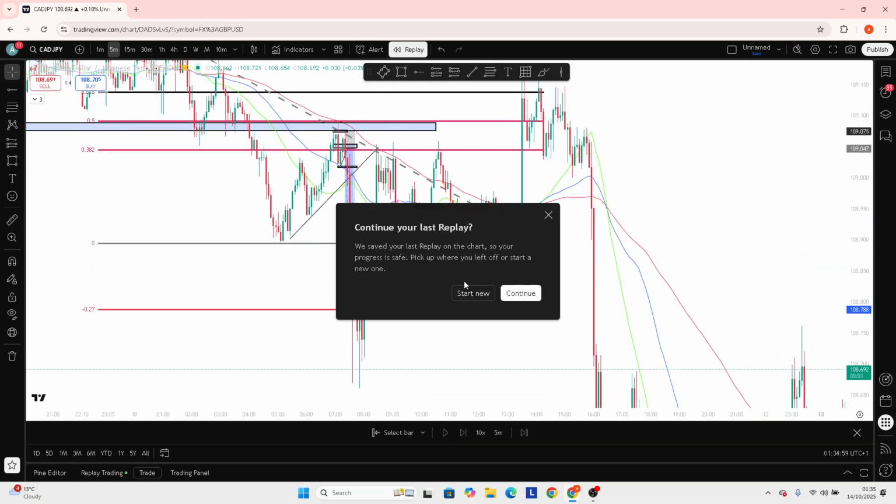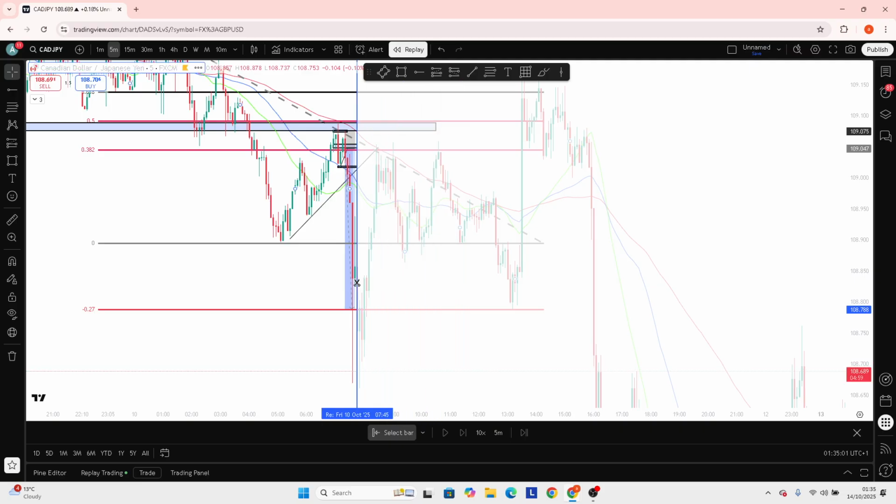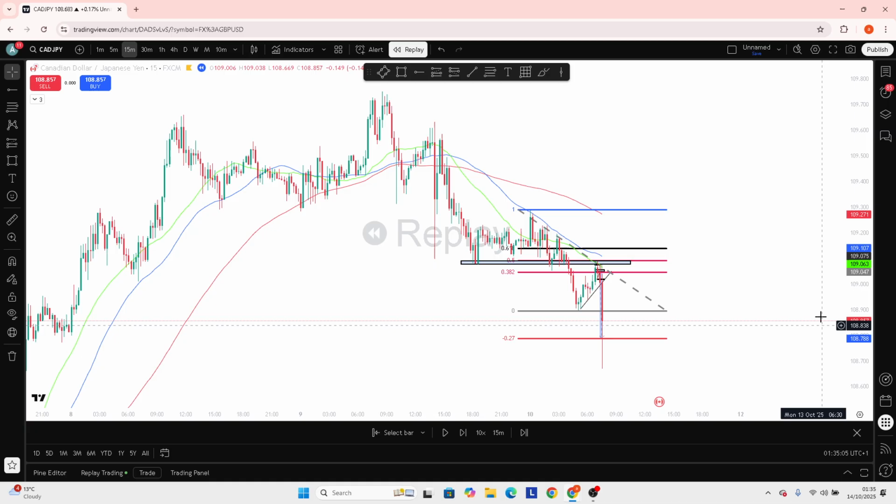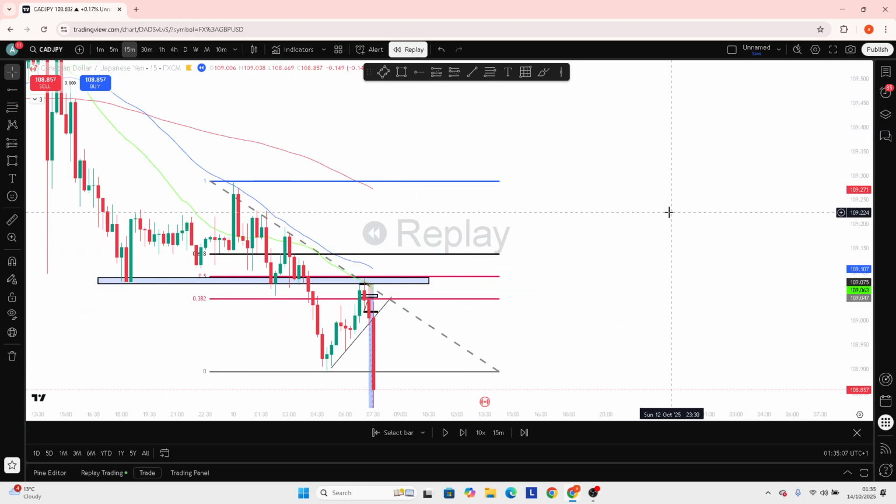CAD/JPY sell setup. Let's just go back a little bit. Hop on the 15-minute time frame. Okay, let me just mention to you guys, I've started to use, depending on my setup chart, the two entry time frames before it.